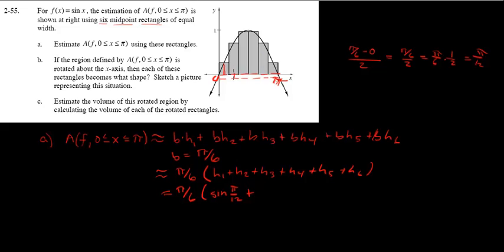Plus h2. Now the distance between this midpoint and this midpoint is pi over 6, because we're just going pi over 6, pi over 6, pi over 6, pi over 6, pi over 6.